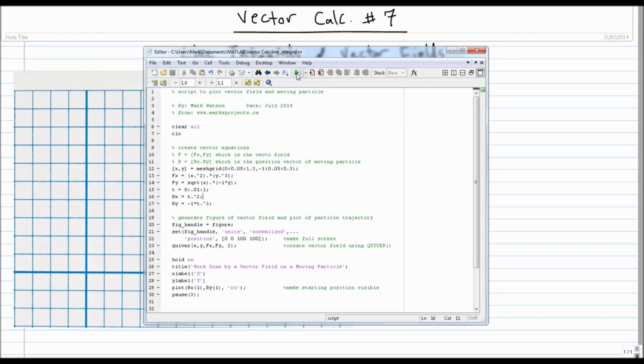After a second or two you're going to see a little red dot move across the vector field, and that's going to be the particle moving across the vector field, and the path that it takes, or the trajectory, is like a fixed line or a fixed curve that the particle takes, and we're going to compute the work done by the vector field on that particle as it moves along that line.